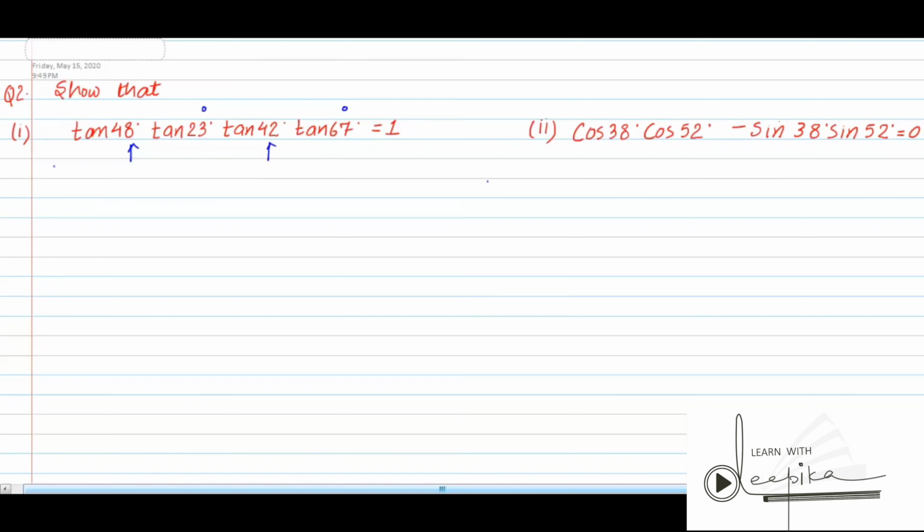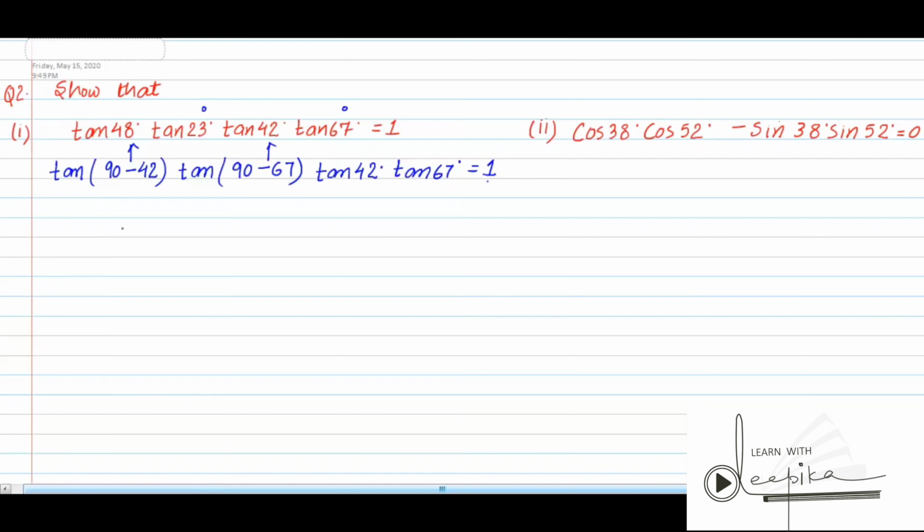In order to do that, I'm going to write tan 48 as tan 90 minus 42, and tan 23 as tan 90 minus 67, and there will be no change in the other two terms, tan 42 tan 67 is equal to 1.